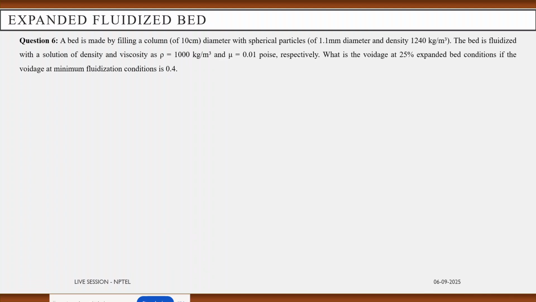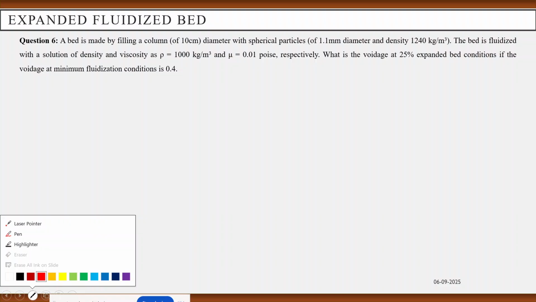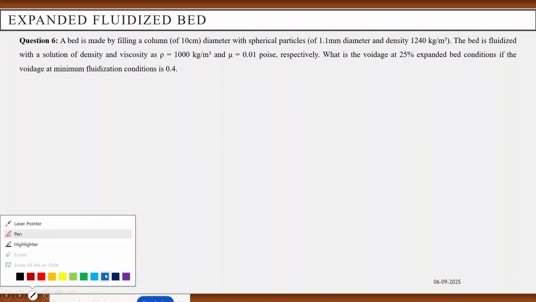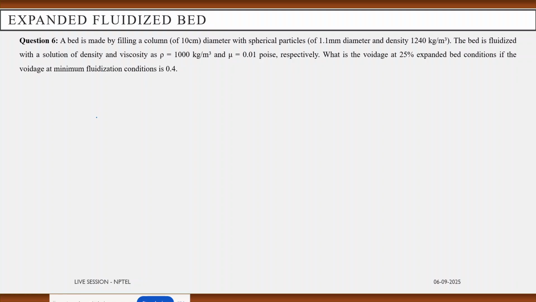Let's solve one question, and it will be more clear to you. The bed is made by filling a column of spherical particles, the bed is fluidized with the solution of viscosity and density mentioned. What is the voidage at 25% expanded bed conditions? If the void at the fluidized bed condition is given, okay, so we can have this equation.